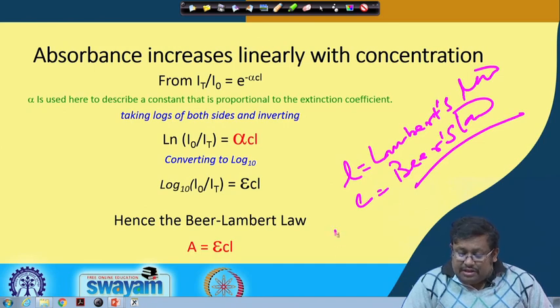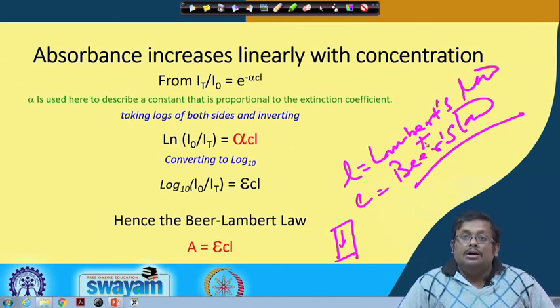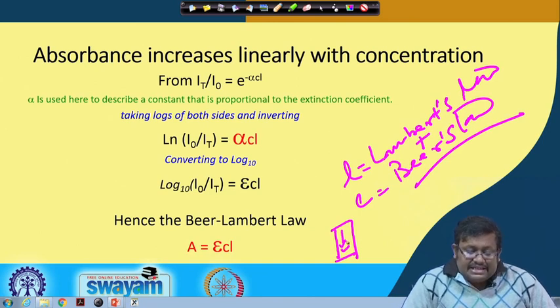Now, in case of a cuvette, we are only changing the concentration of the liquid inside the cuvette, because the path length is always fixed, as the cuvette size is almost fixed. So if we combine both Beer's and Lambert's law, we are only varying the concentration by keeping the path length constant. That's why we call it Beer's and Lambert's law.